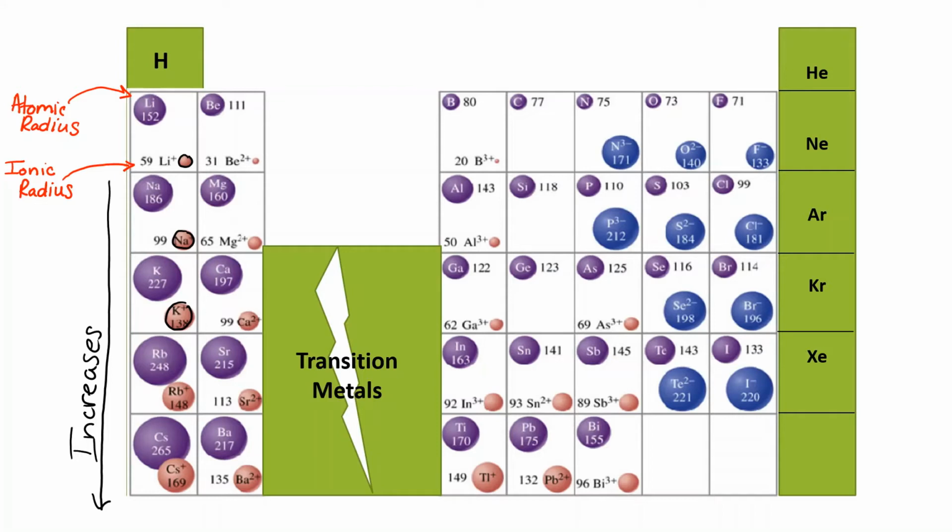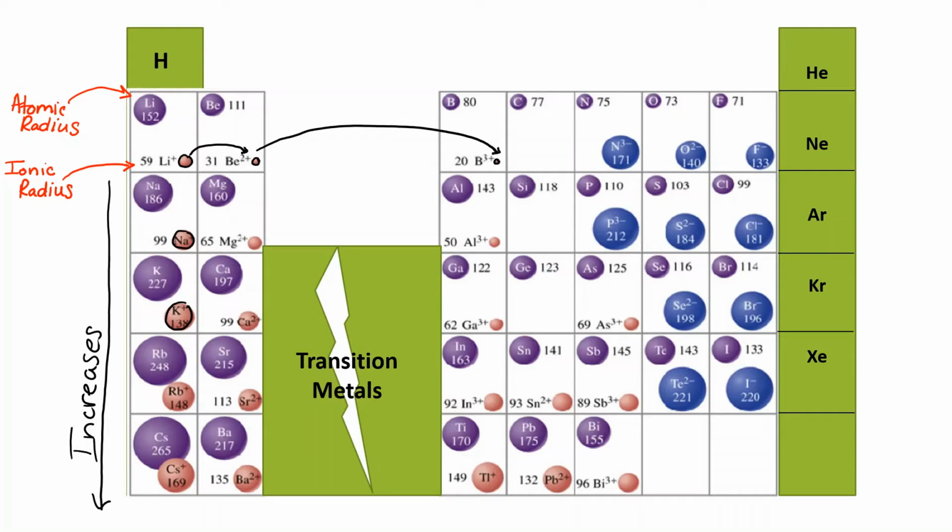So now let's look at one that's a little bit more complicated. Let's look at the trend in ionic radius as we move to the right. Well, let's look at our positive ions, or our guys who are going to want to be losing electrons. As we move to the right, they get smaller and smaller.